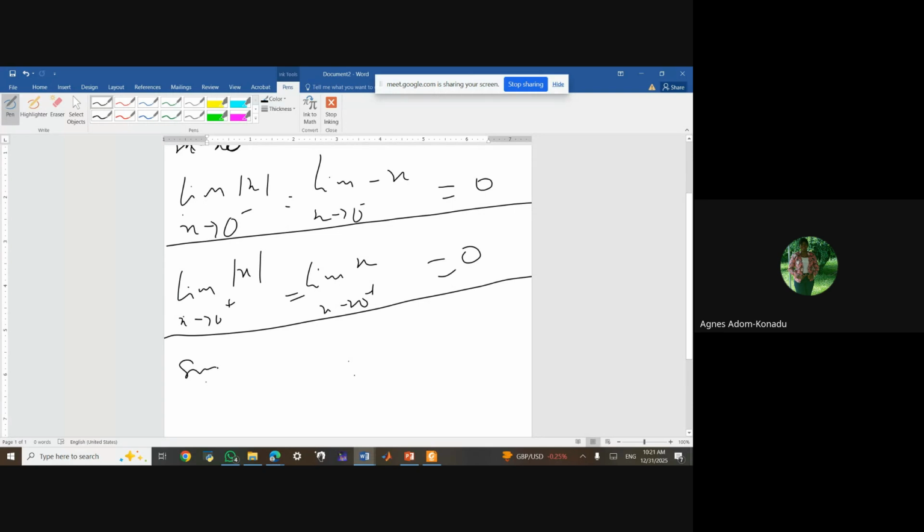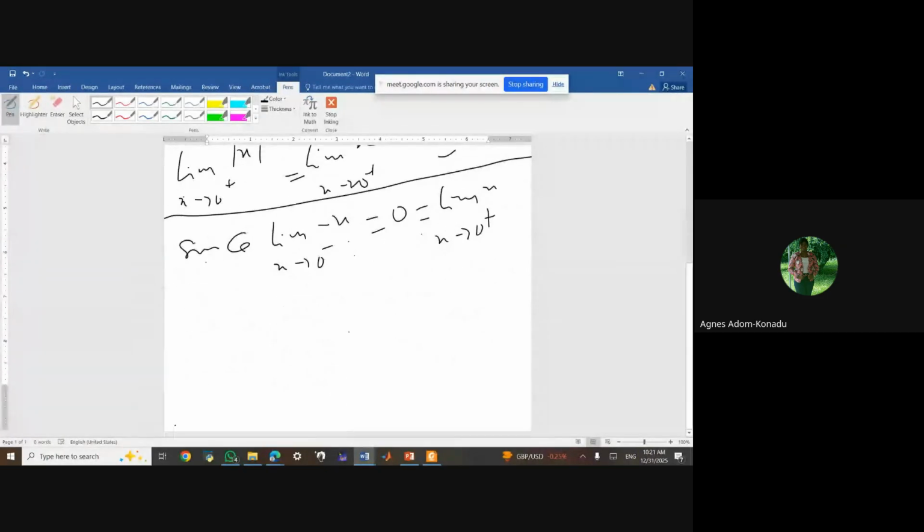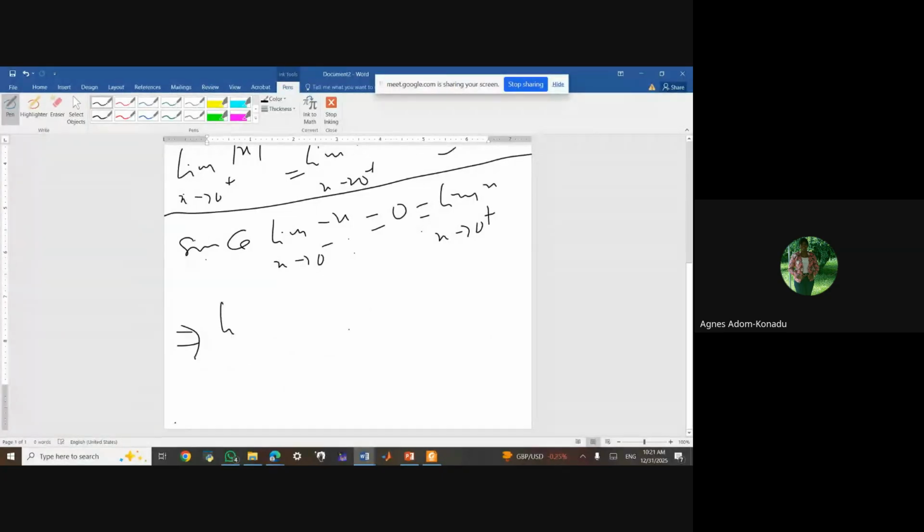So since the limit as x approaches 0 from the left is equal to 0, and the limit as x approaches 0 from the right is also equal to 0, I can conclude that the limit as x approaches 0 of the function exists and it is equal to 0.